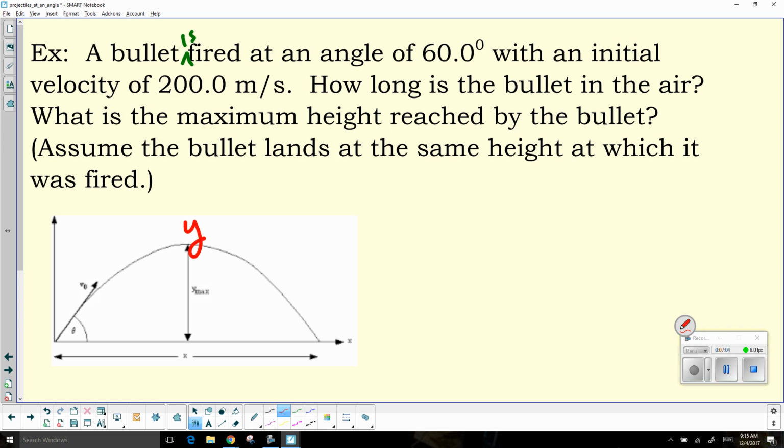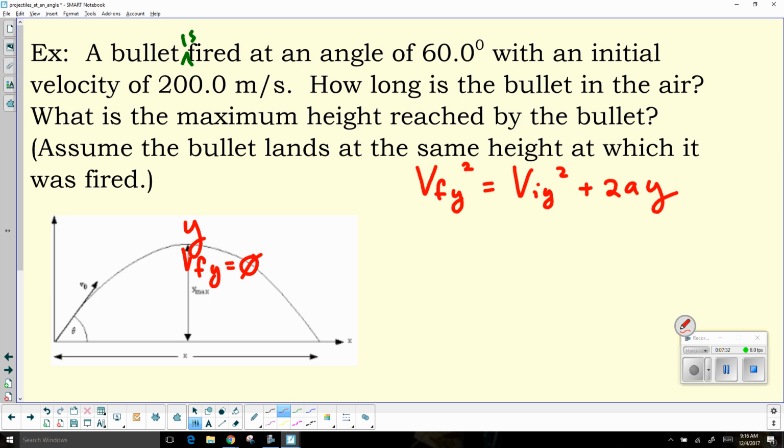How I would write equation number 5 out here is I'd say vfy squared equals viy squared plus 2ay. And notice I'm using y because I'm talking about the vertical component. So now I'm going to remember that the final velocity at the apex is again 0.